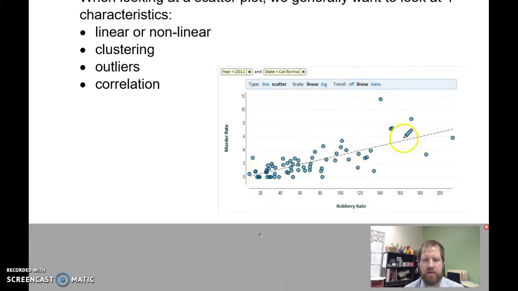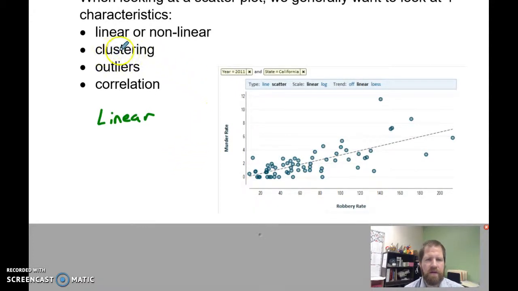We've got a pretty straight line of best fit that covers our data pretty well. Okay, so this one would be linear. This is a linear graph, okay, or appears that the data is linear.